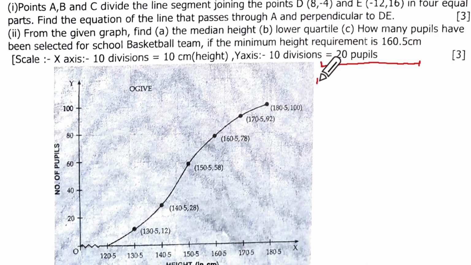So we have D and E, and this is A, B, C. 4 equal parts. D is 8 comma minus 4 and E is minus 12 comma 16, correct?